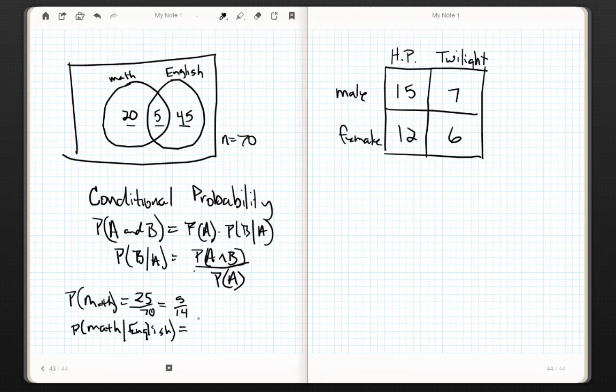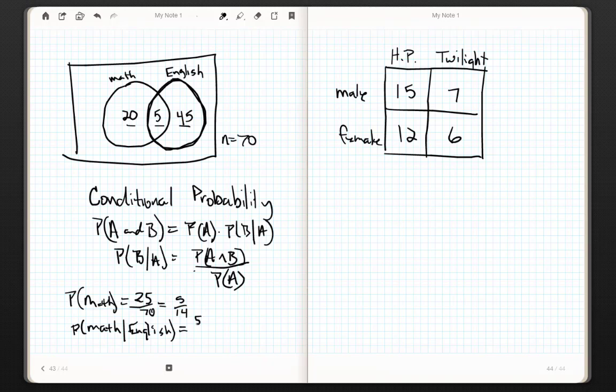Now, watch close. What that says is, because this says given English, that means that our sample space has been reduced down to this set, because this is the set of given English. So watch how it works. What is the probability of finding a math student given that they are taking English? Well, it works exactly the same way.